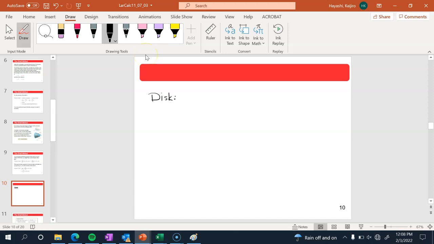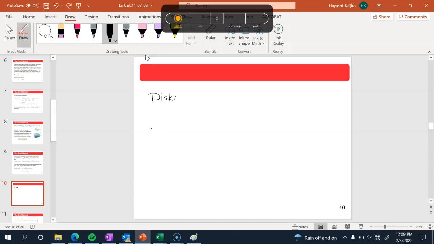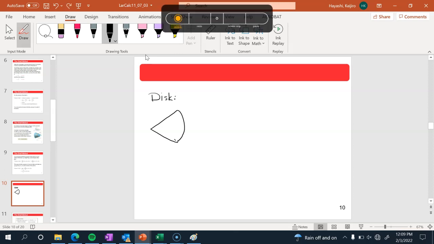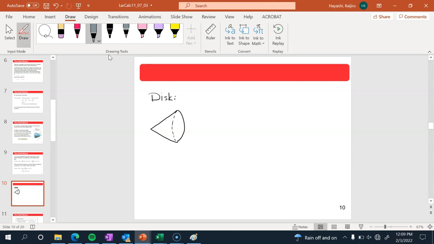Okay, so with the disk method, let's imagine that we have a cone formed through the process of revolution.